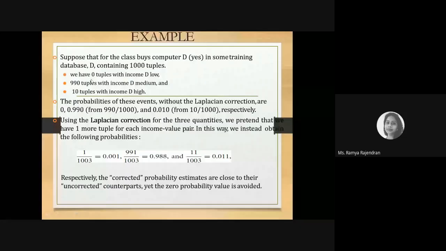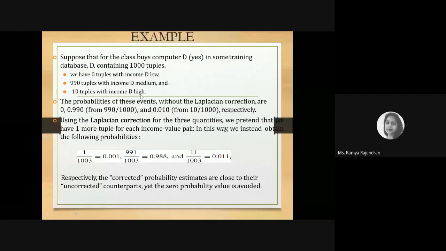So your total becomes 1003. Earlier it was 1000 tuples, so we're adding one tuple for each category. So 1 by 1003 becomes 0.001, and all the values change. You're correcting your probability estimate so that you avoid a zero probability.